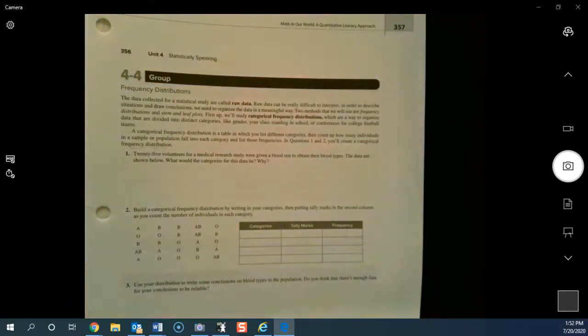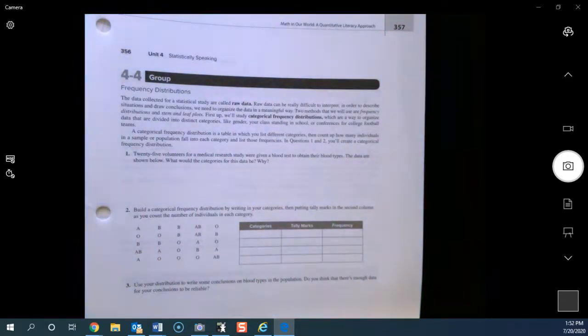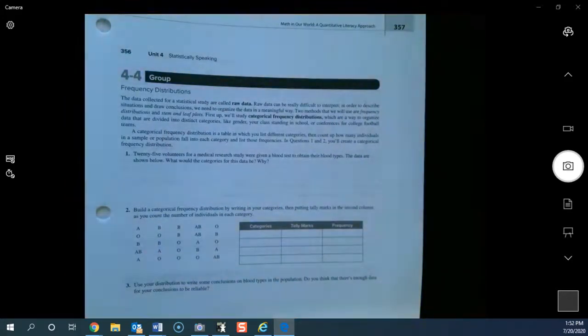First up, we'll study categorical frequency distributions, which are a way to organize data that are divided into distinct categories, like gender, your class standing in school, or conferences for college football teams. A categorical frequency distribution is a table in which you list different categories. Then count up how many individuals in a sample or population fall into each category and list those frequencies.